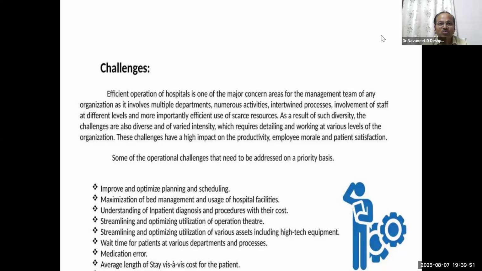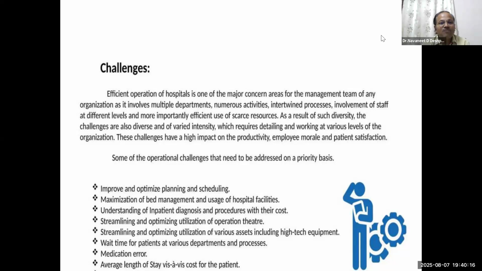All those things have to be there at a given point of time. All the three departments have to work synchronously in order to overcome the cost barriers. And streamlining and optimizing utilization of various assets, including the high tech equipment. Along with that, pricing of every type of scanning also has to be determined by the panel who is involved in management of the hospitals.